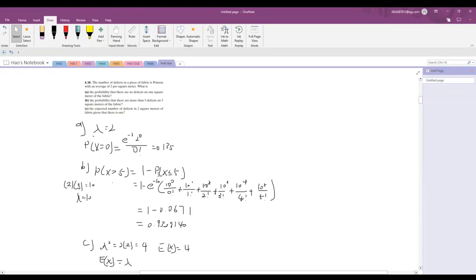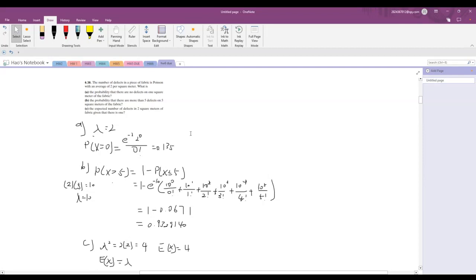Then plug into the formula, we get 1 minus 0.0671. Then subtract from 1 to get 0.9329140.